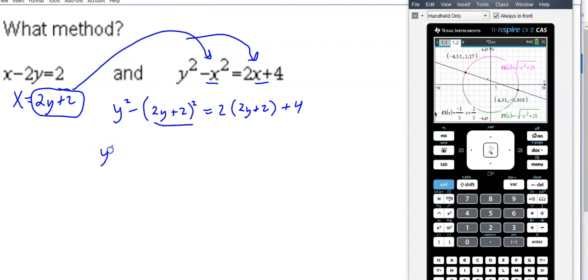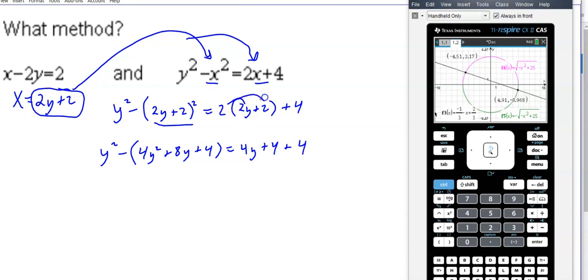So it's going to be y squared. Wow. Okay, so this is in parentheses. If I FOIL that, it's going to be 4y squared plus 4y plus 8y plus 4 equals 4y plus 4 plus 4.